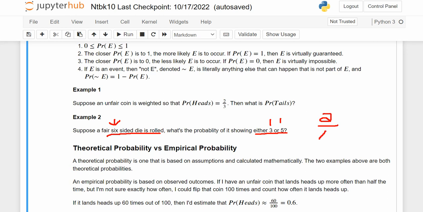There are 2 equally likely things out of the 6 equally likely things, so the probability is 2/6, which we would reduce to 1/3. That's theoretical probability, and that's about all we're going to do of that, although some probabilities can be calculated in Python quite easily.